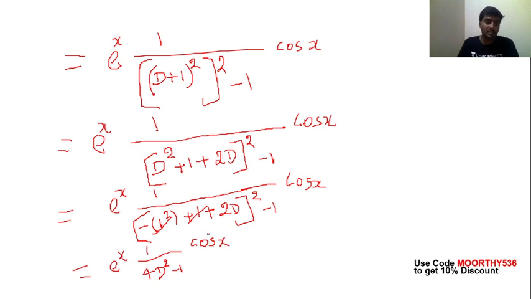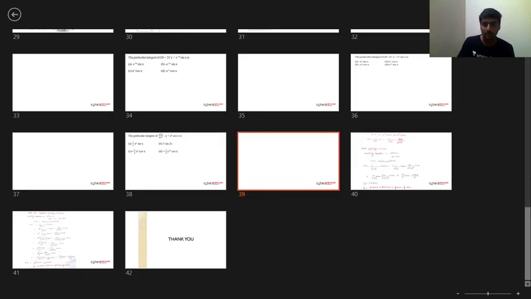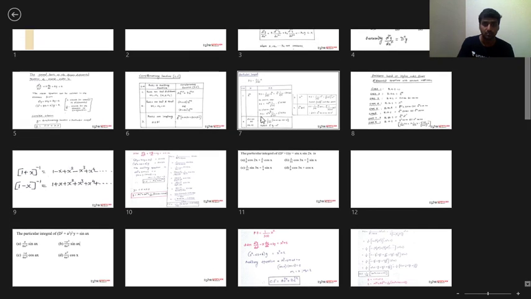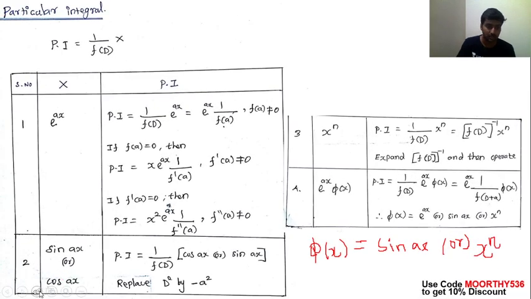Again the same thing, instead of capital D square we are replacing minus of a square as per the discussion. As per the procedure, for sin ax or cos ax in this format for the particular integral, instead of D square in the denominator we replace by minus of a square.